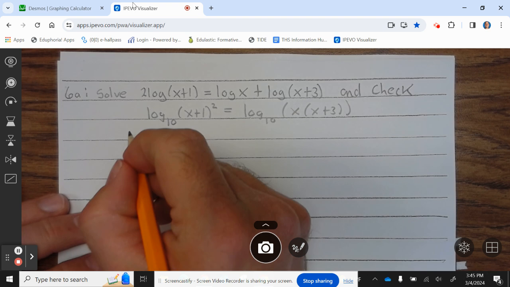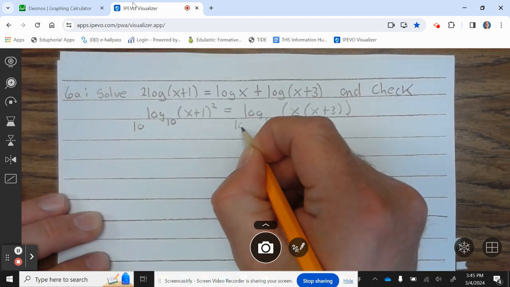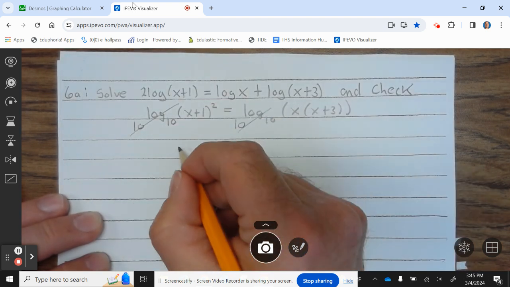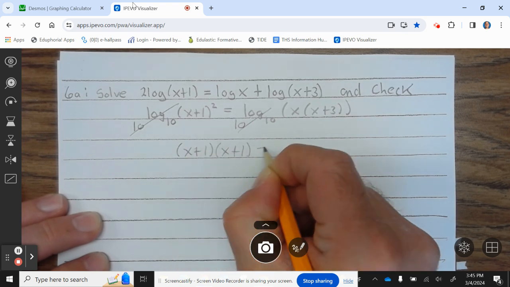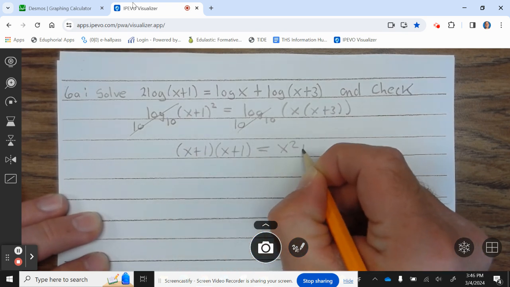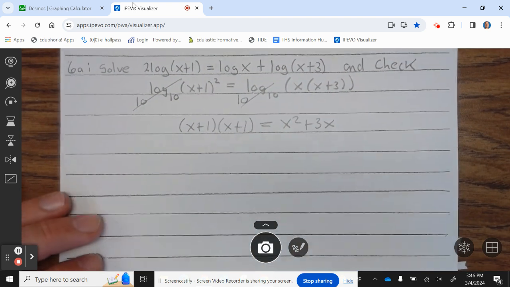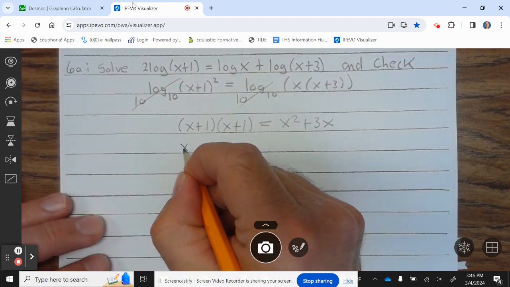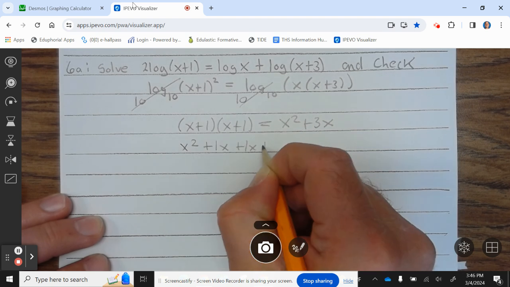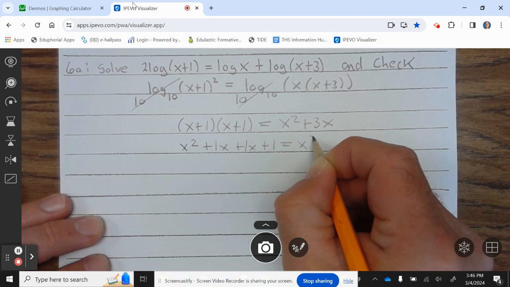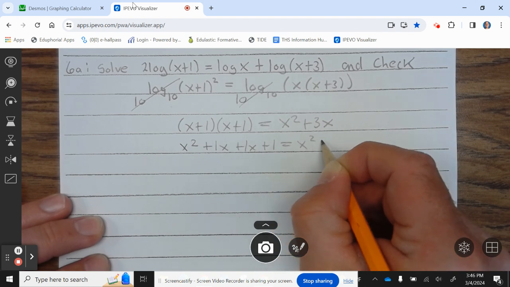Okay, now I can raise both sides by 10. Cancel, cancel. You're left with x plus 1 times x plus 1 equals x squared plus 3x. Let's go and FOIL. So x times x is x squared plus 1x plus 1x plus 1 equals x squared plus 3x.